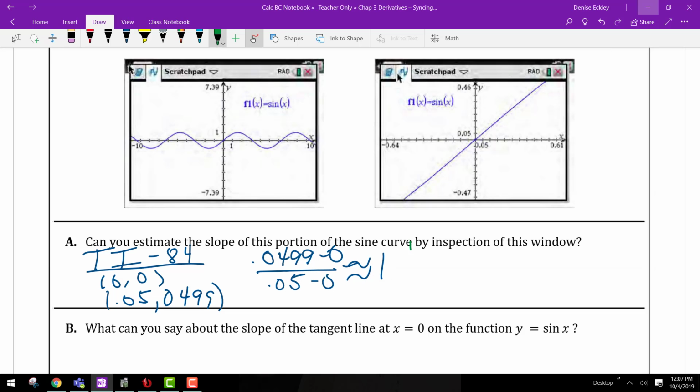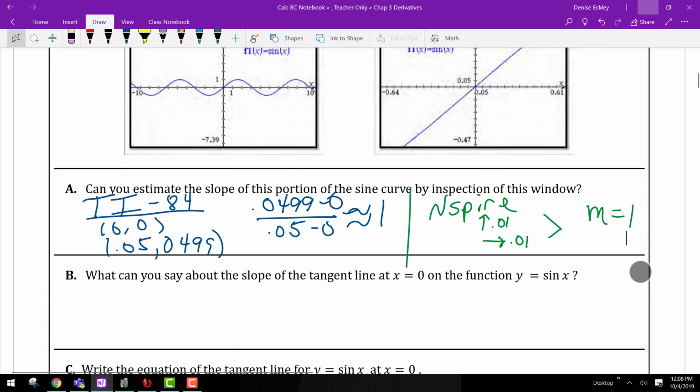And it was the same thing on the Inspire. I could just do it by inspection on the screen. I could see that I went up like 0.01 and over 0.01. So that leads me to a slope of 1.